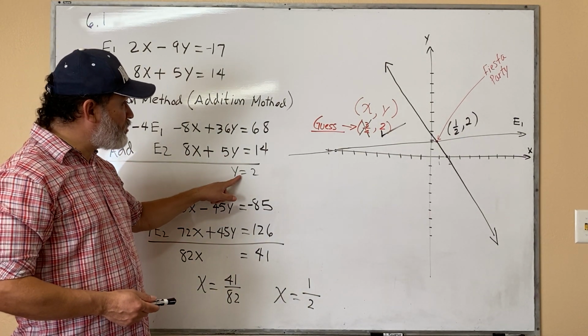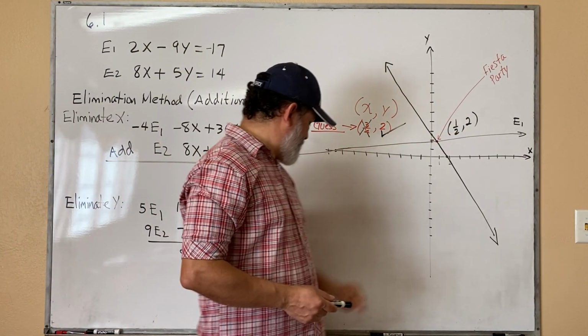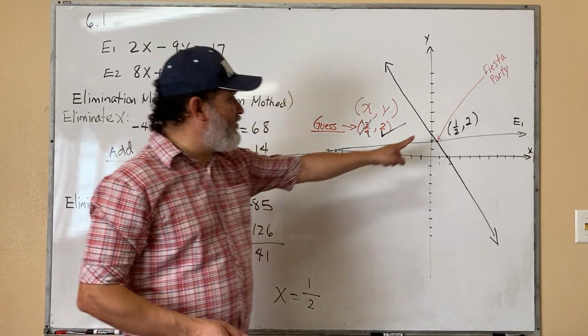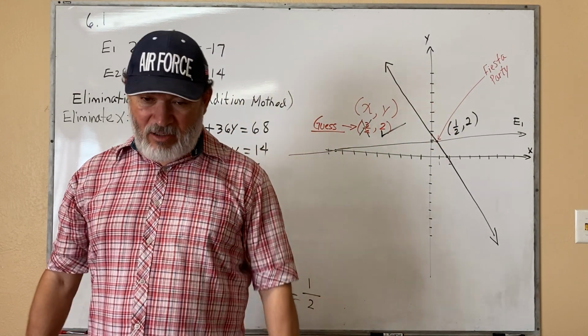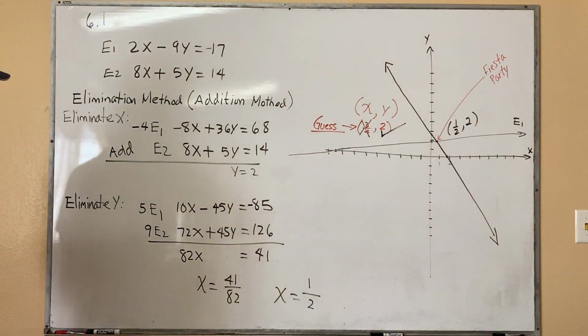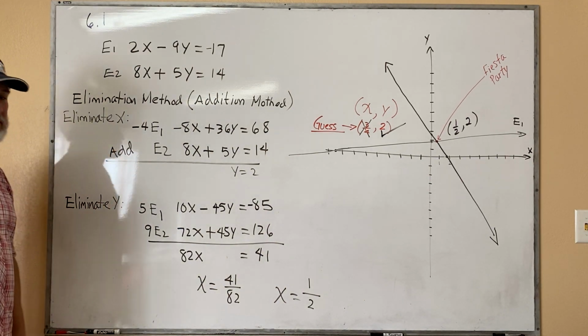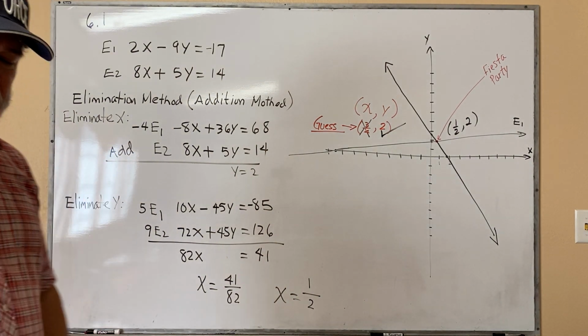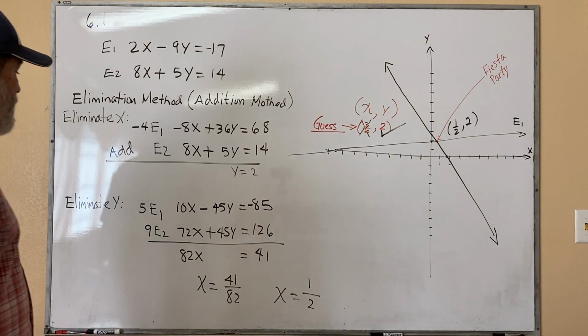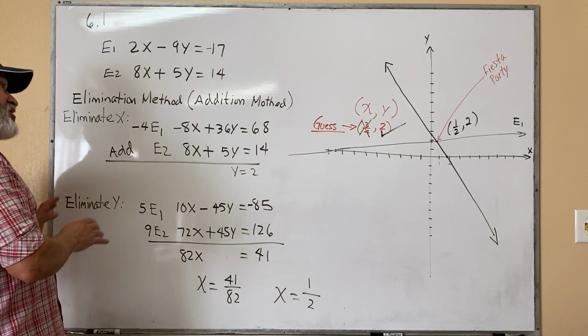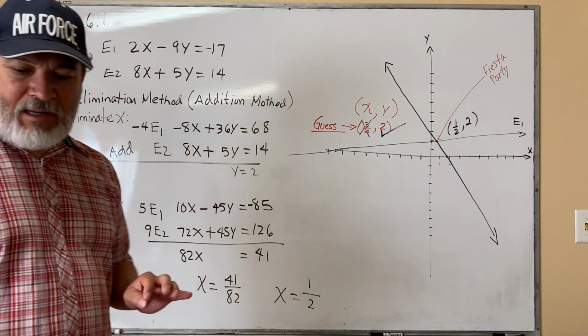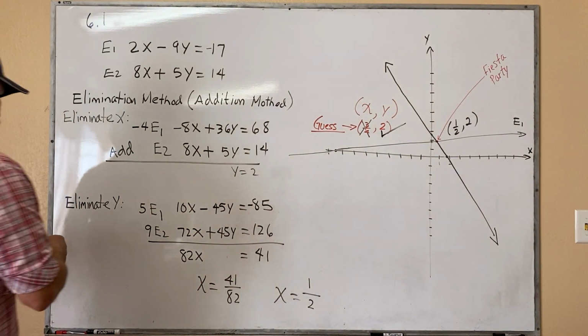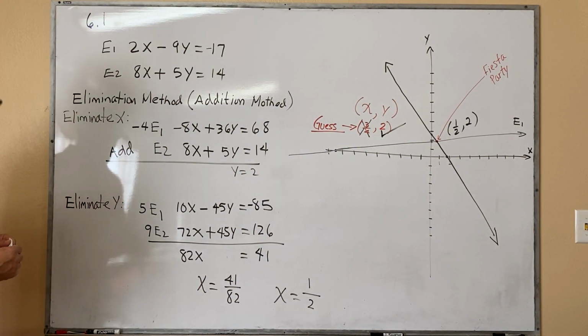Y equals 2, x equals half. There you go. Okay, very good. Excellent. Now, this is the elimination method, okay? And we also did the substitution method.